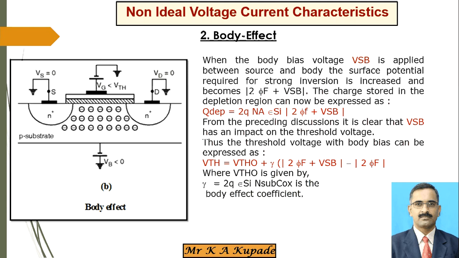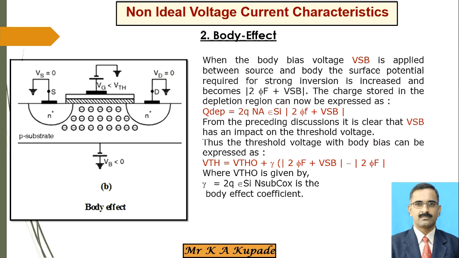When the body bias voltage, that means the substrate voltage VSB, is applied between source and body, the surface potential required for strong inversion is increased and becomes 2 phi F plus VSB, and the charge stored in the depletion region can be expressed here.